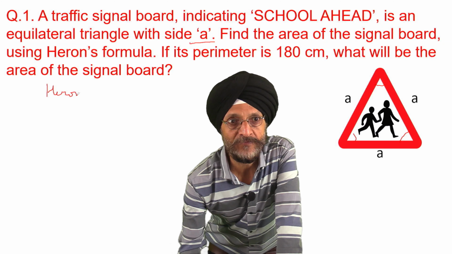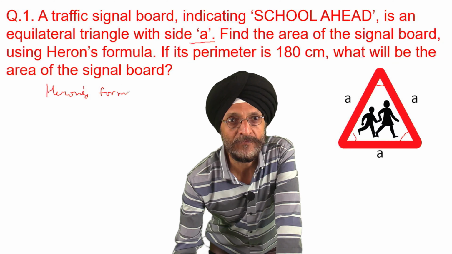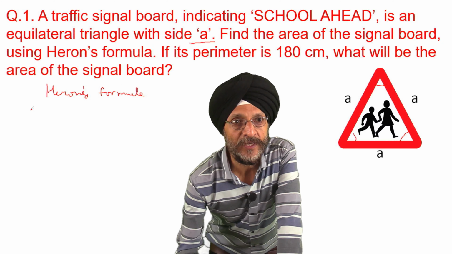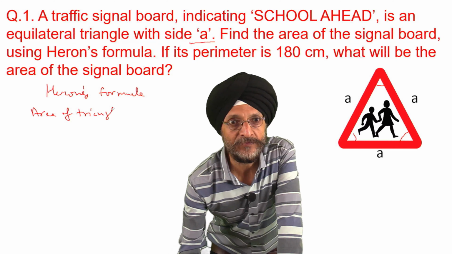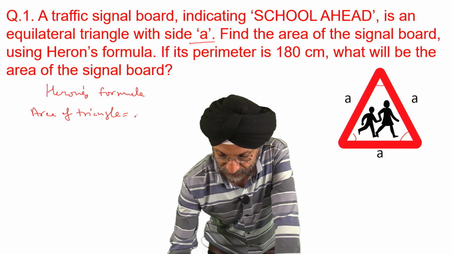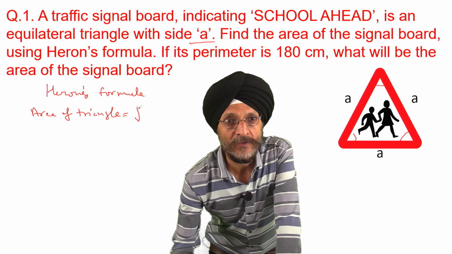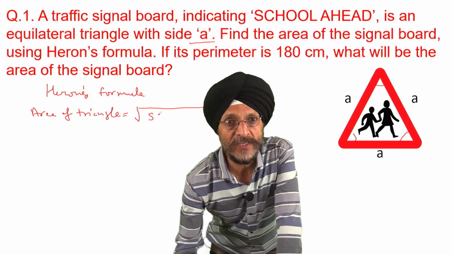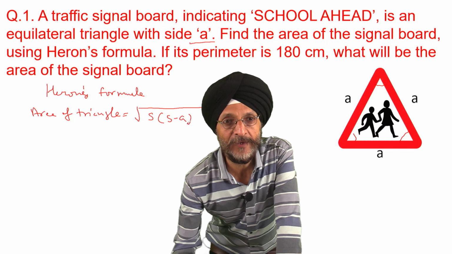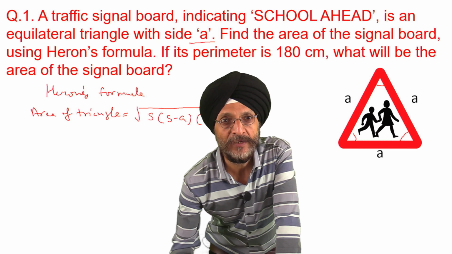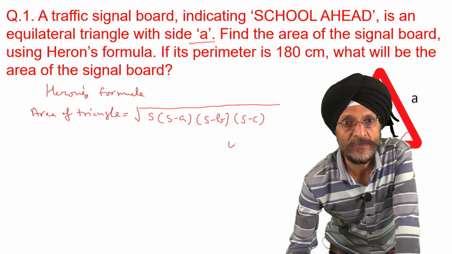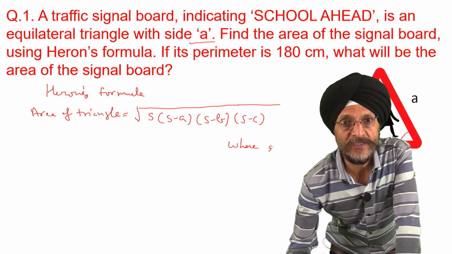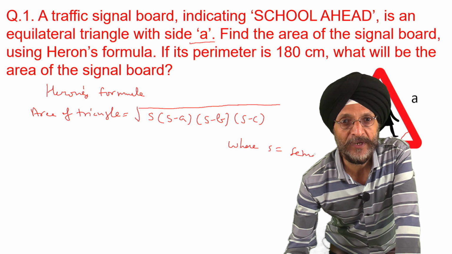As per Heron's formula, area of triangle is equal to under root s into s minus a into s minus b into s minus c, where s is the semi-perimeter.